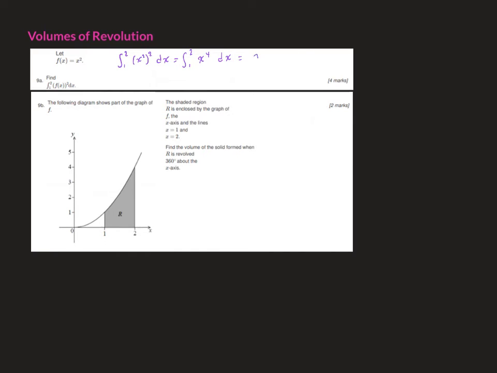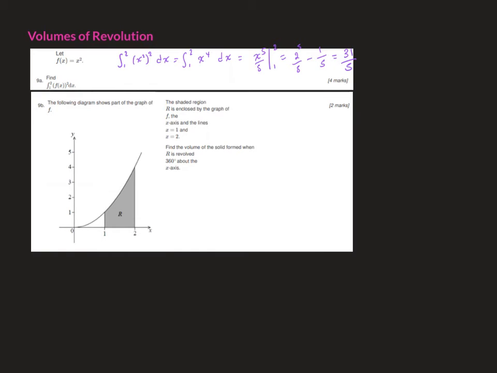And using the power rule, that is x power 5 over 5 evaluated between 1 and 2, that is 2 power 5 over 5 minus 1 power 5 over 5. That is equal to 31 over 5.